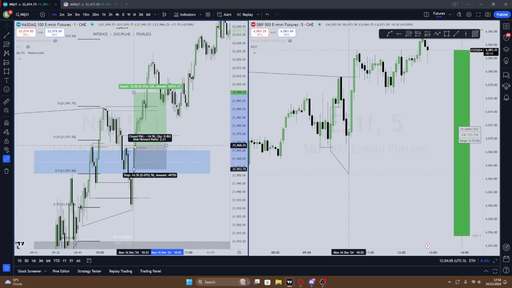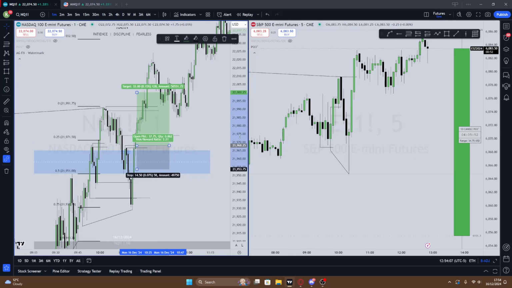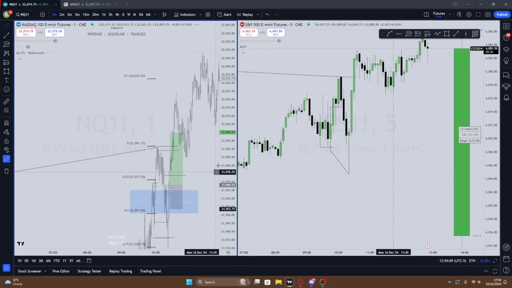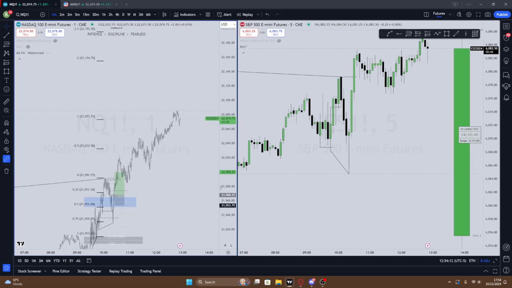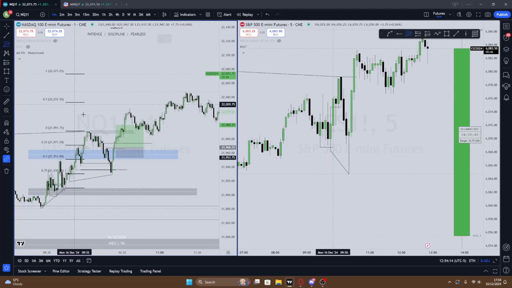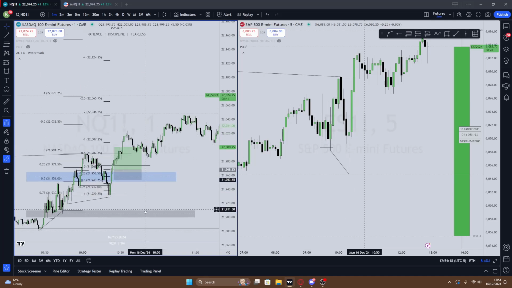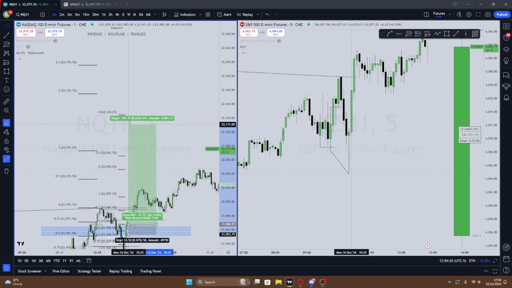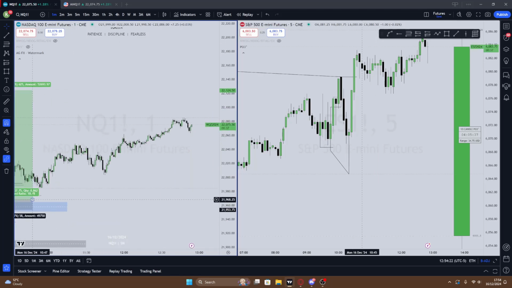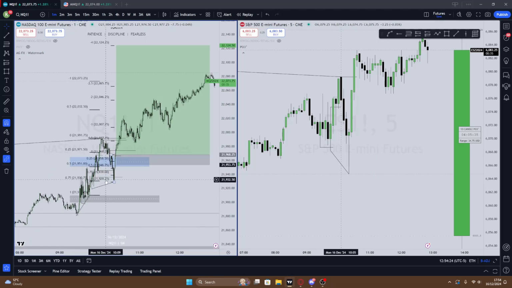So here's the breaker entry you could have had, but I never actually got filled, so I couldn't really do anything about that. You could also have your fib, or your standard deviation rather, up to here, so your full TP would be up there. That would have been good as well.